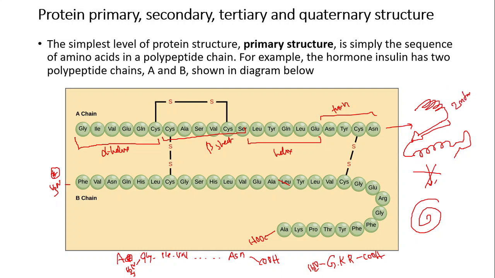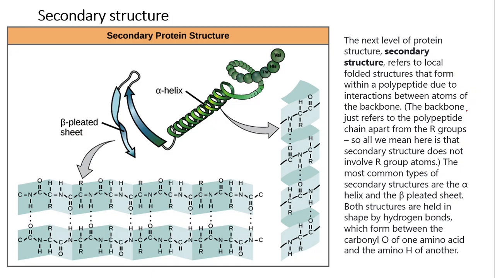It does not tell you anything further about the 3D arrangement of these elements in the protein. That is the restriction of the secondary structure. As I said, this includes the alpha helix, beta sheets, and so on. We'll learn more about this when we learn how to predict which parts will form an alpha helix and so on.